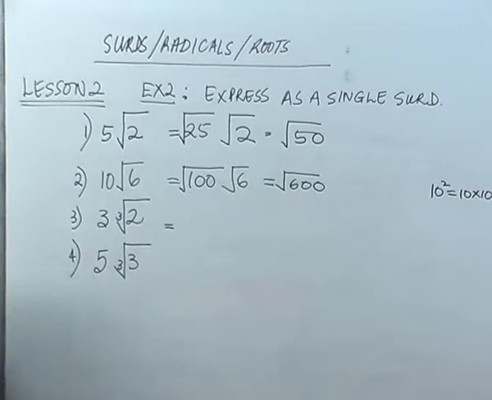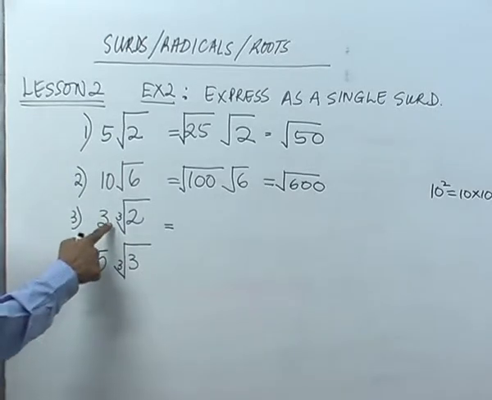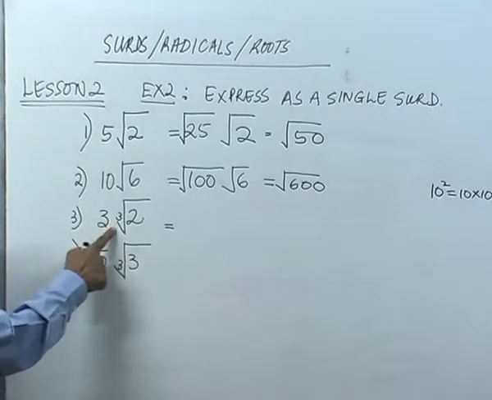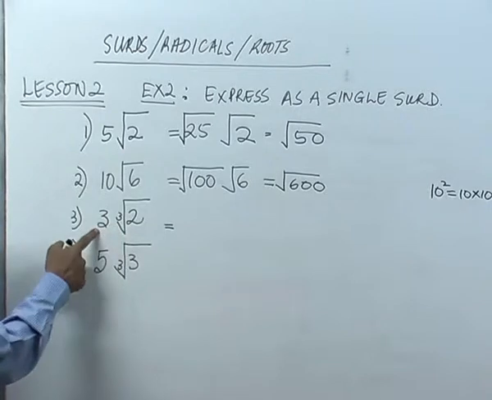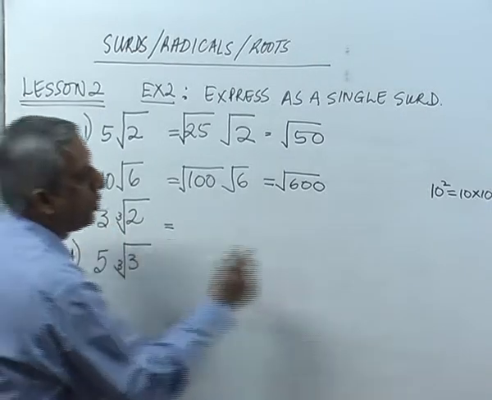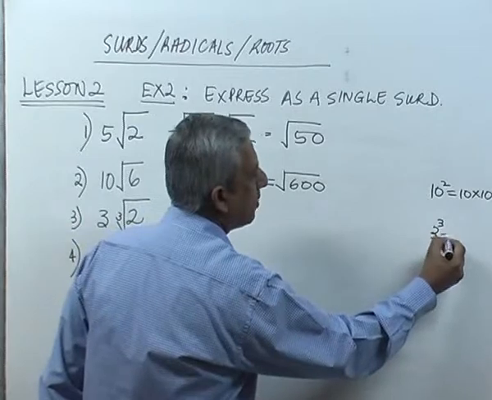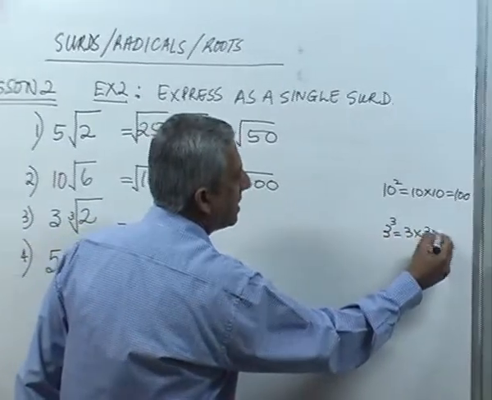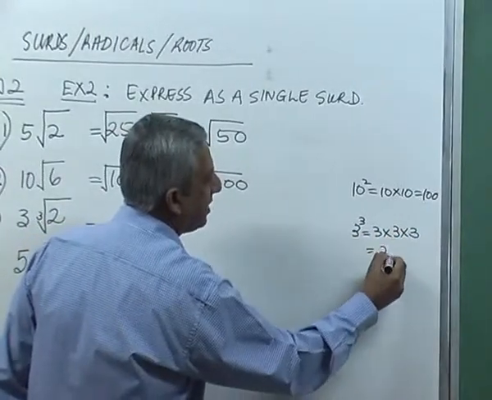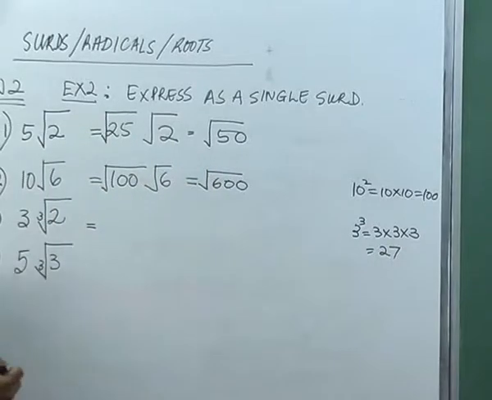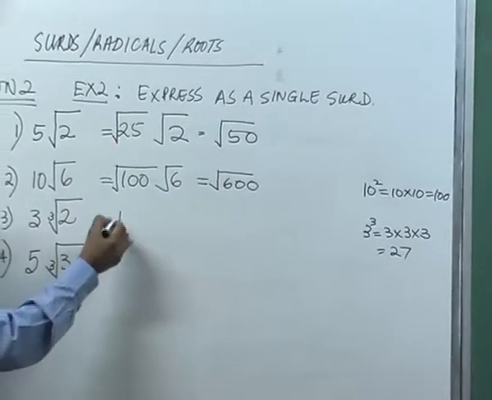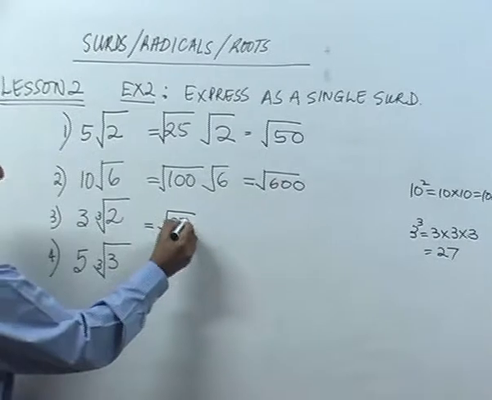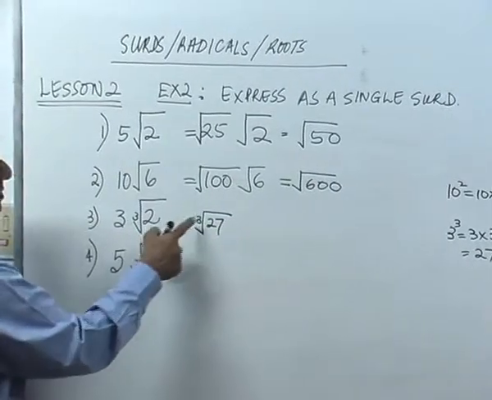Let's do the next one. Now be careful. In this example it's a cube root. Therefore this 3 will have to be cubed. So it will be 3 cubed, which is 3 times 3 times 3, which finally gives you 27. So this is cube root of 27.